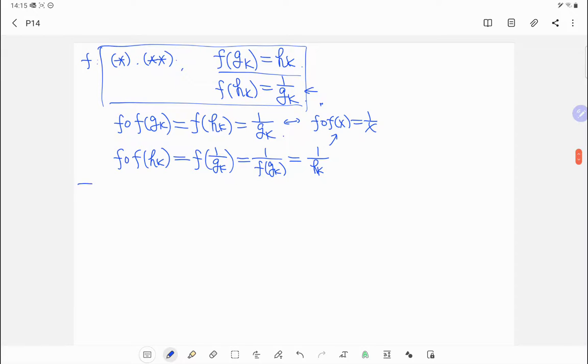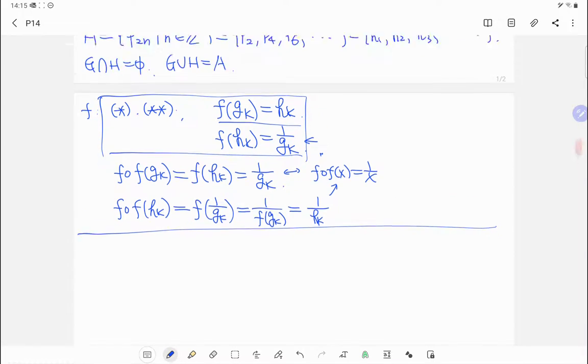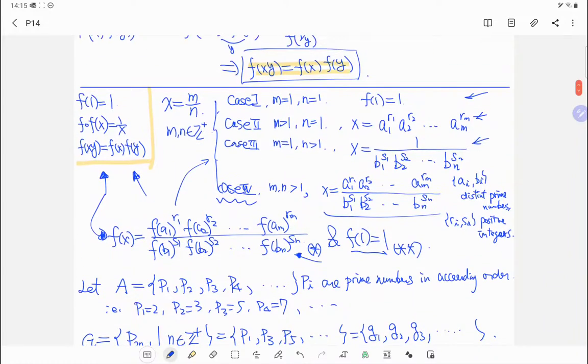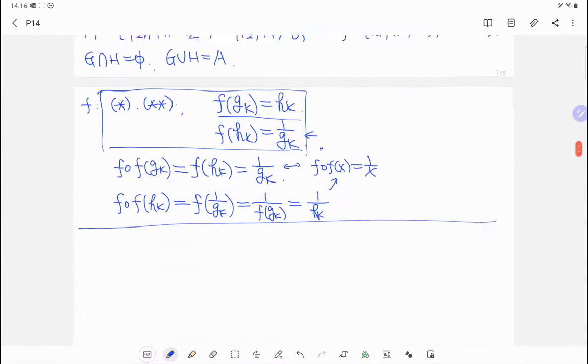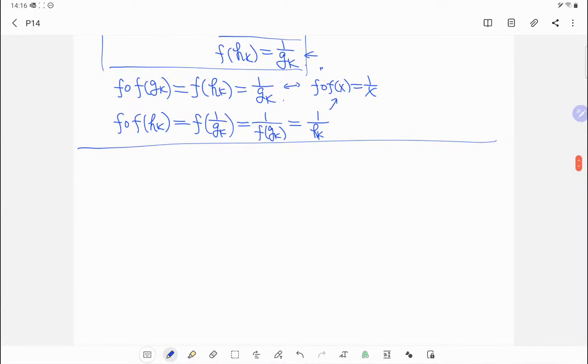Okay, so let's check whether this function satisfies the original function equation. Actually, you need to assume x and y to be somehow like this, and then plug it into the original function equation, but it would be quite tedious to write rigorously. So let me try to check four cases.